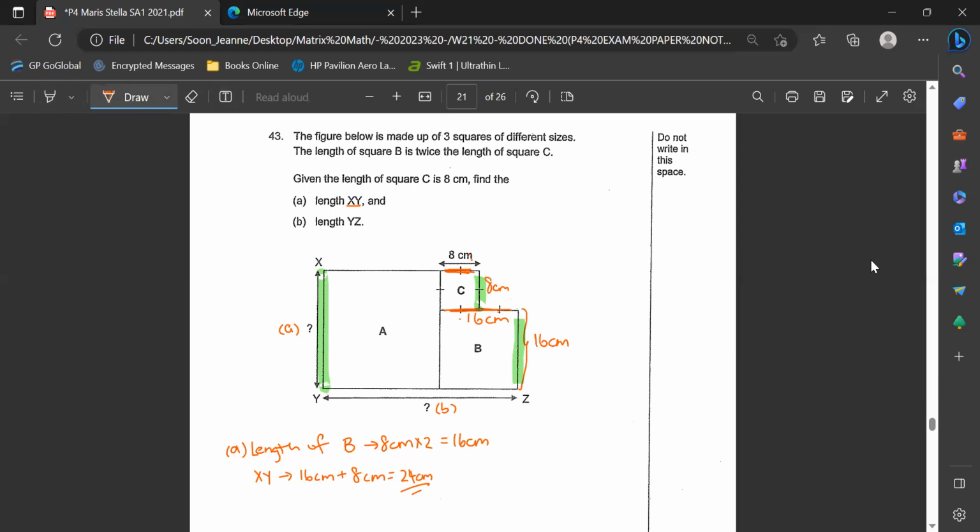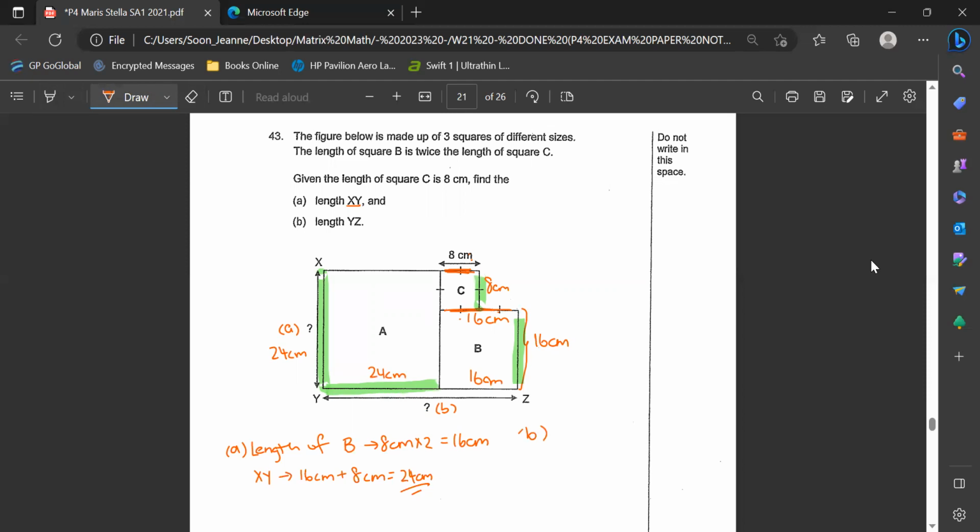Okay, but for B, they're asking for YZ. So if you know that A is 24 cm, can you see square A here? That means this here is also 24 cm because this is the side of square A. So over here is also 24 cm. And this is the side of square B, which we have found out is actually 16 cm.